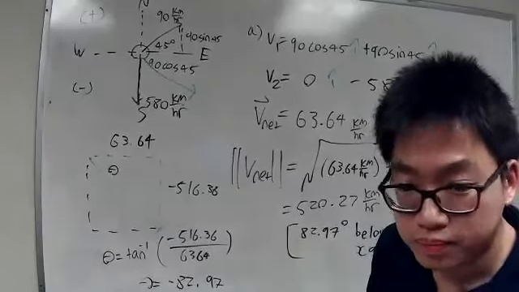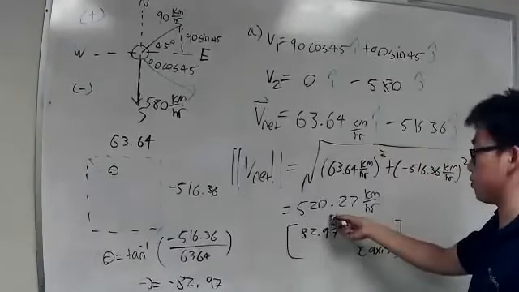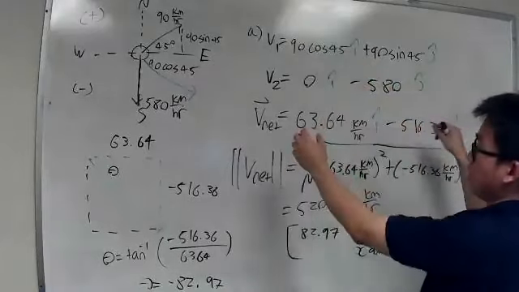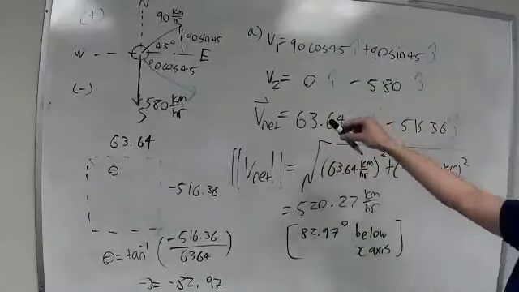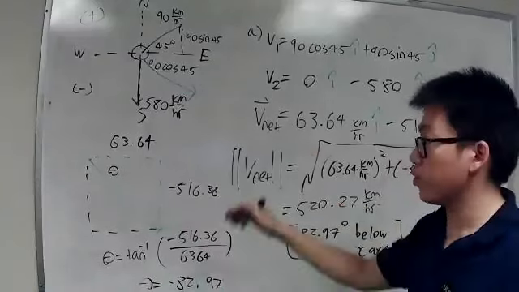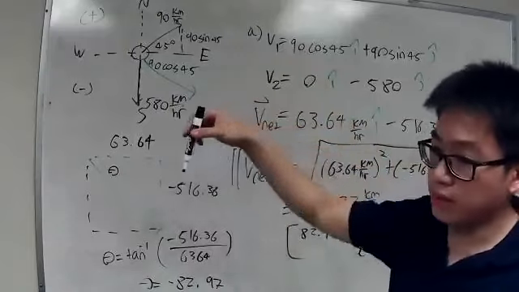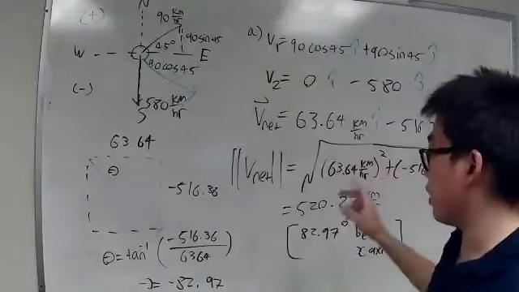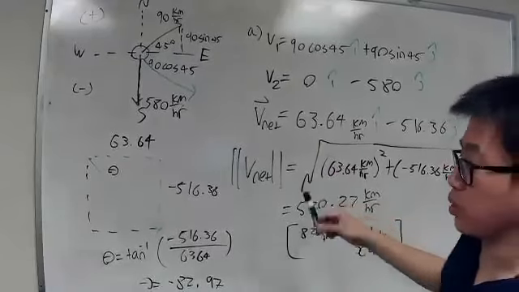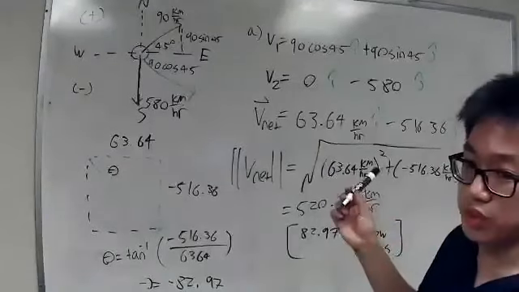If you find the magnitude of the vector, you'll find it's 520. That's literally, if I add these two vectors, how long is that vector? It's literally moving this fast. Before, it was going 580 kilometers per hour south, but now you find it's going 520. So a little bit slower, but it's not very useful because you need to know the direction.